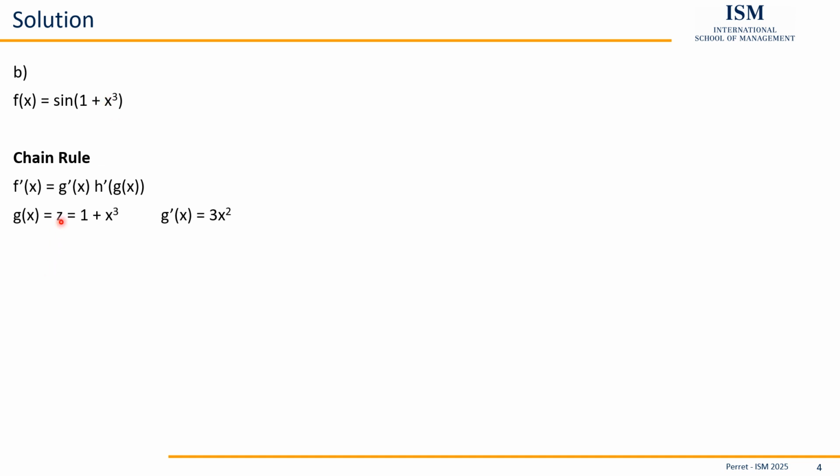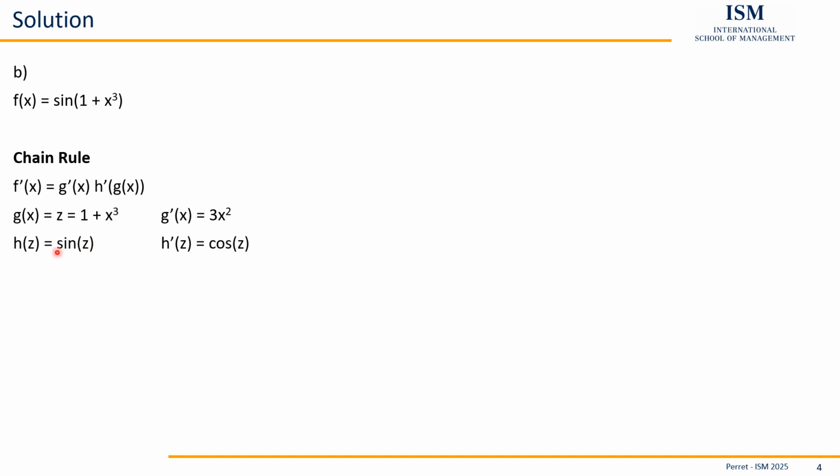Here we can calculate the first derivative. 1 is a constant, so its derivative is 0. Then we need the first derivative of x to the power of 3, which is 3 times x squared, as we know from a. Then we also need the outer function, which here is sinus, because I'm applying the sinus on this inner function.